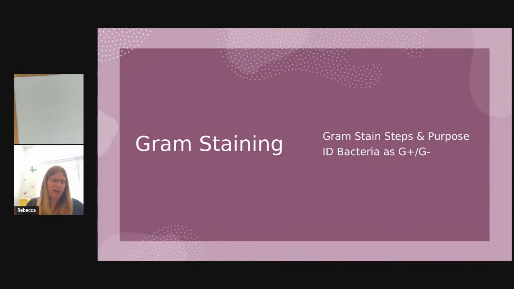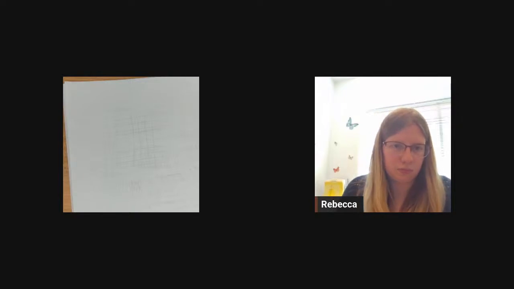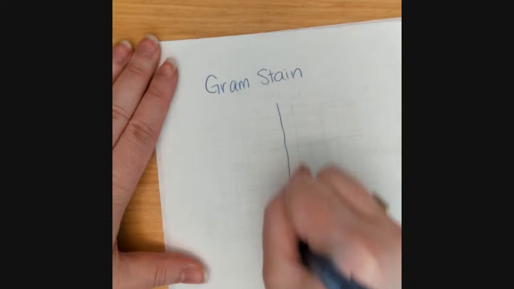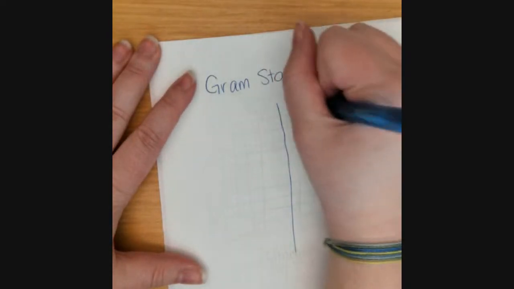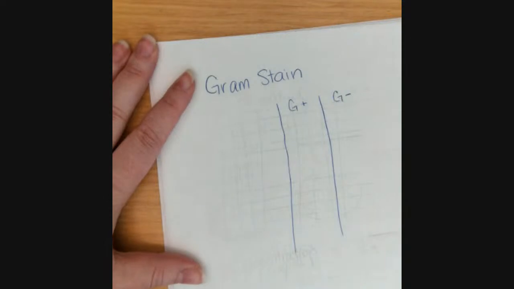We know that we have 4 steps. There are 4 steps to gram stain. Do you know any of those steps, Morgan? And we'll compare what it looks like on a gram-positive and a gram-negative bacteria.